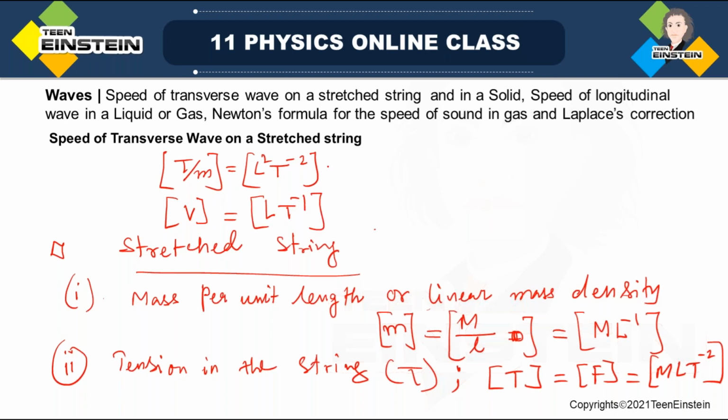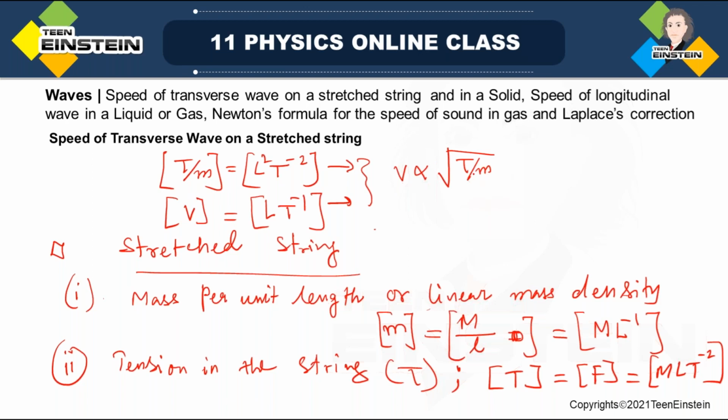So from these two, what we can write is that the velocity V will be proportional to the square root of T by m.